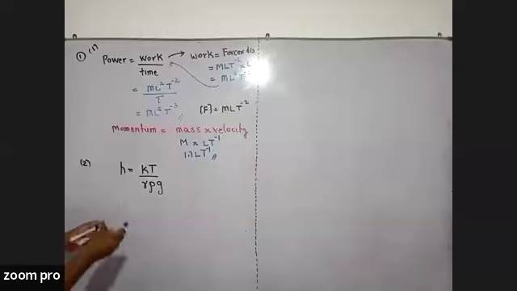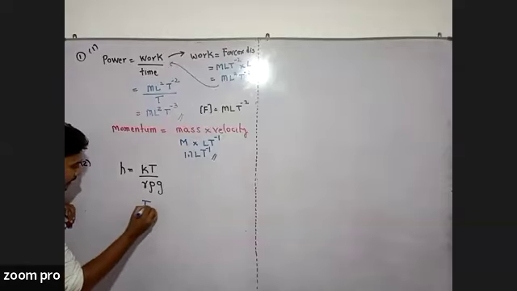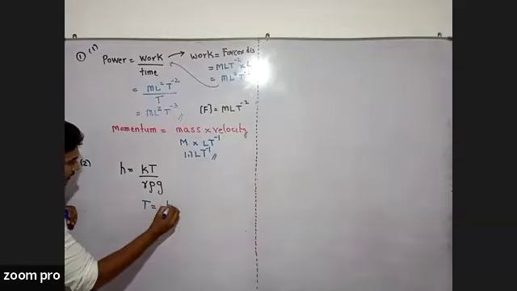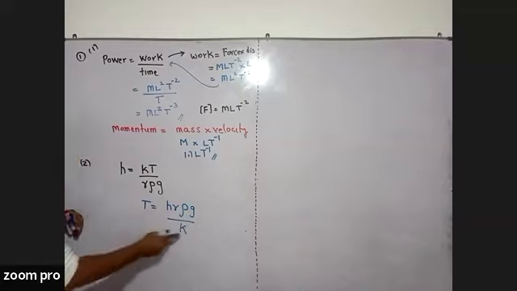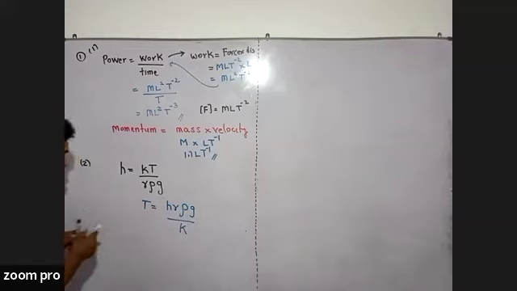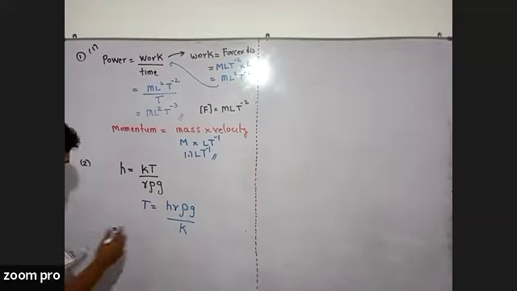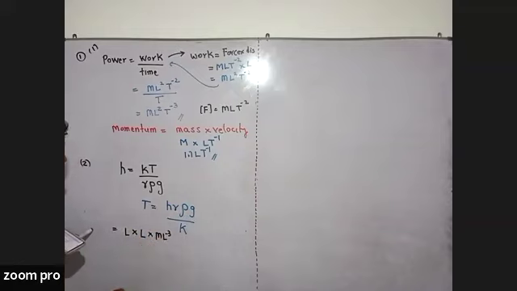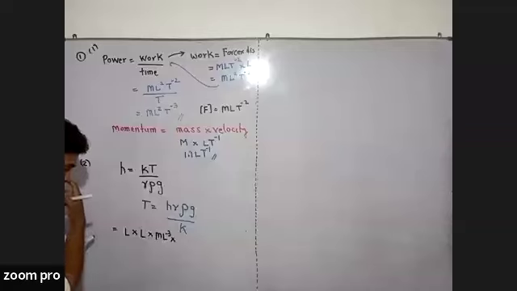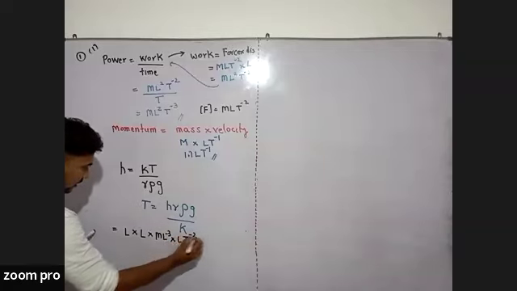So first of all, let's make T the subject. Then T equals h r rho g over K, but you don't need to worry about K, right? So let's substitute the relevant dimensions. h means it's the height, so L is the dimension of h. r means the radius of the capillary tube, so it is also L. Rho means density, density means ML to the power minus 3. g means gravitational acceleration, and it should be like this, right?